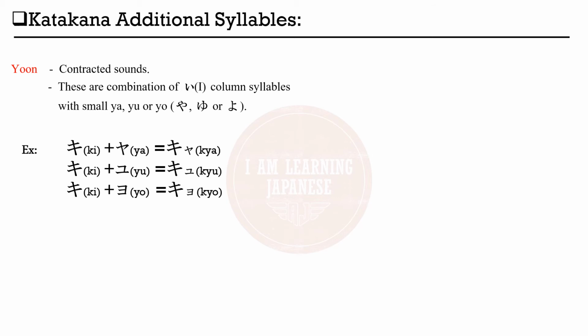Likewise, those are called contracted sounds, meaning we are contracting our vocal to create these new sounds. The example shown over here is ki plus ya, to create the sound called kya. But please make sure that the second ya has to be written as a small letter. You can see the difference over there. In kya, ki would be a bigger letter and ya would be a smaller letter, so that it can be pronounced as kya.